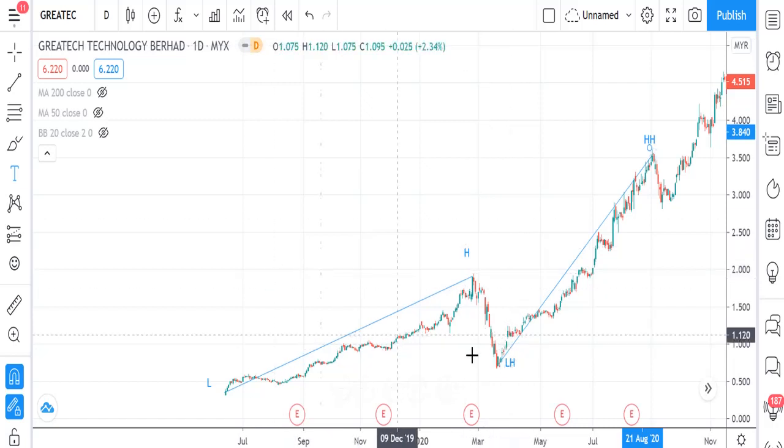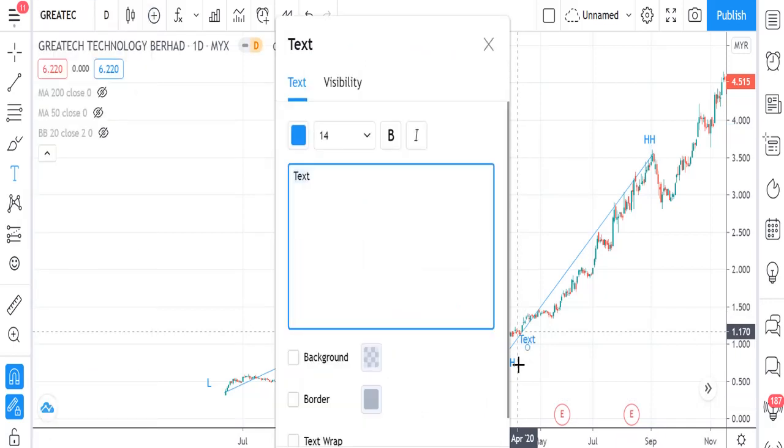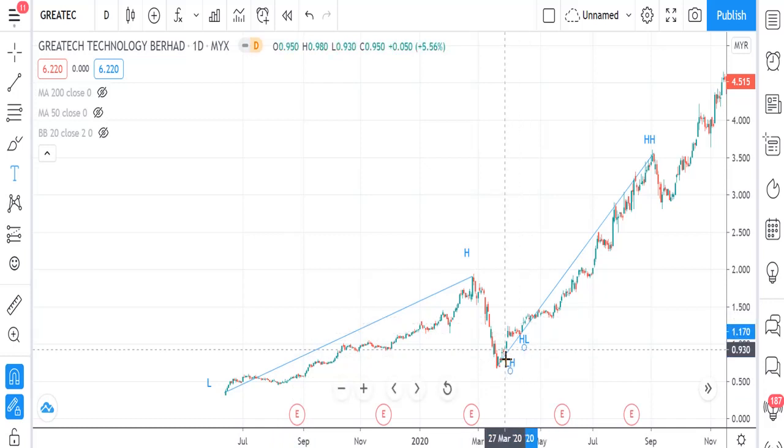I think I shouldn't call it lower high. In fact, I think I messed up myself. This is supposed to be called a higher low. This should be a higher low. I'm not sure how to erase this, never mind, just undo it.